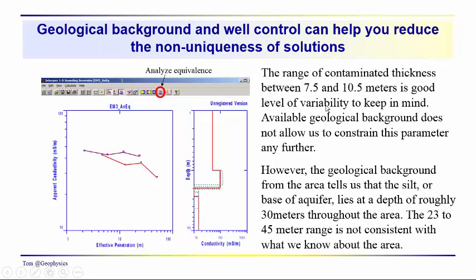So this kind of variability, if you were going to talk to whoever it was that hired you, the community or some contractor, maybe the company itself that's managing the wastewater lagoon, doesn't want it to be a problem, you would want to report back that there's some ambiguity in your results. The contaminated zone could be somewhere between 7.5 to 10.5 meters in thickness.